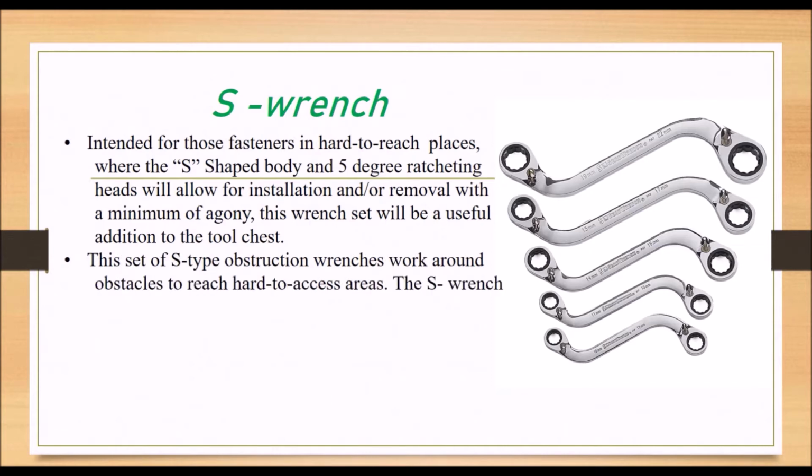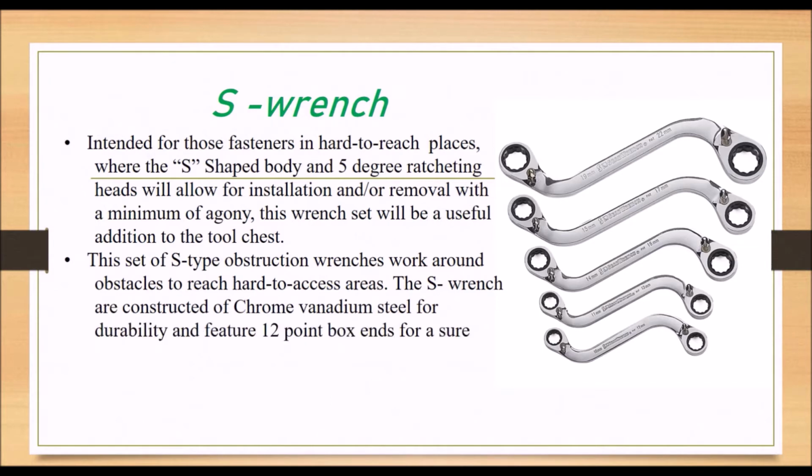This set of H-type obstruction wrenches works around obstacles to reach hard to access areas. The S wrenches are constructed of chrome vanadium steel for durability and feature 12-point box ends for a sure grip on fasteners. So there will be 12-point boxes on the wrench side to turn the objects, and it is made up of chrome vanadium steel material.